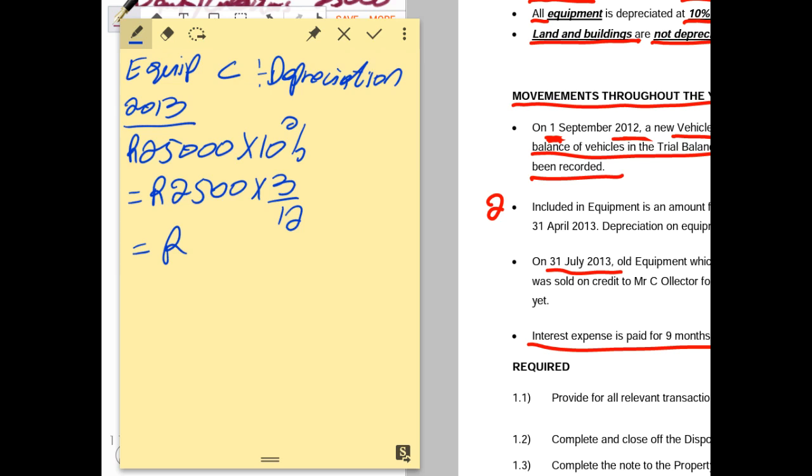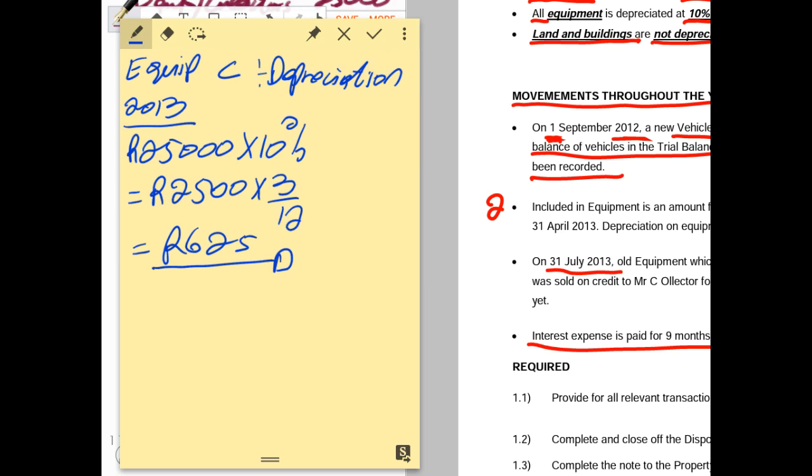Let me just confirm that. It gave us 625 rands. So that is the depreciation for equipment C for only 3 months, May, June, and July.